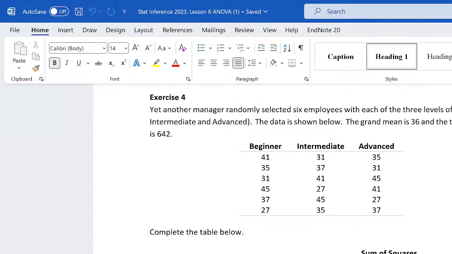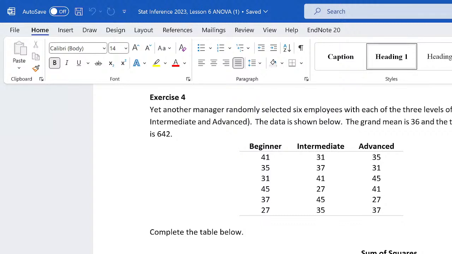So the total sum of squares is 642. But this time there's no variation between the groups, because the groups are identical, and any variation we see must be within the groups.